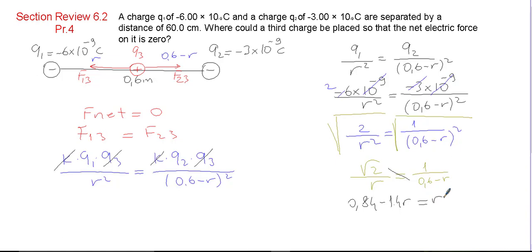Then send 1.4r to the other side. 0.84 is equal to 2.4r. Then r will be 0.84 divided by 2.4. Then r will be 0.35 meters.